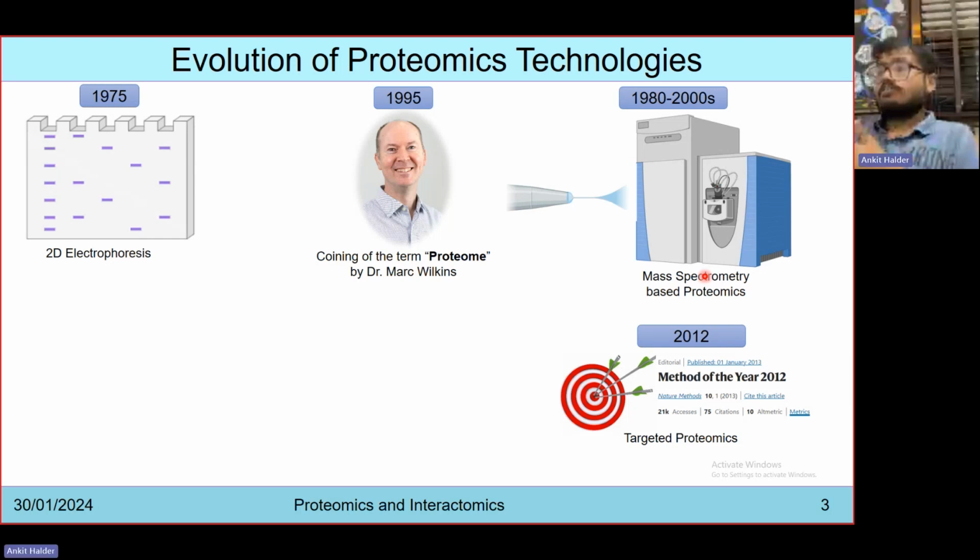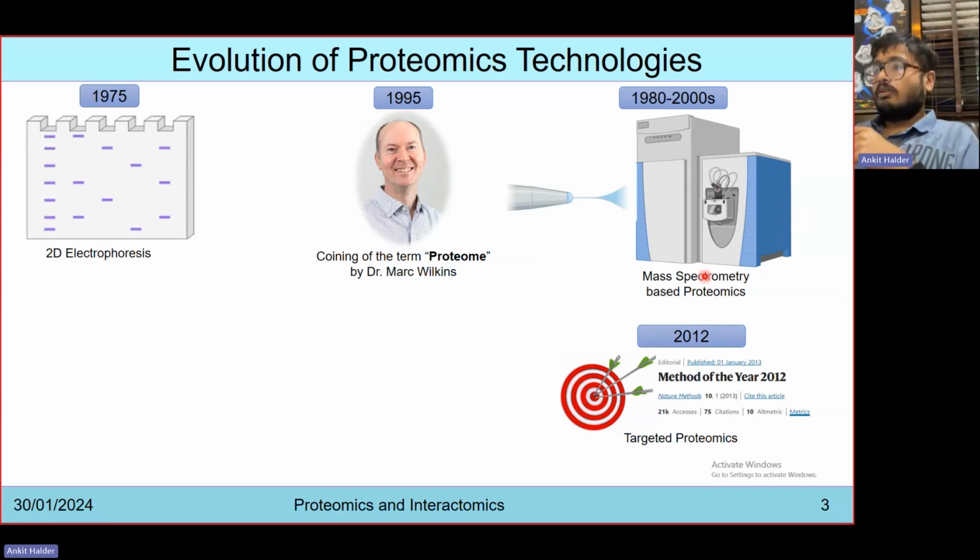It is not only the discovery phase of identifying different protein levels, but also validating the proteins, which used to depend on antibodies. But by 2012 we could see that through mass spectrometry based approaches alone we can also validate certain proteins.